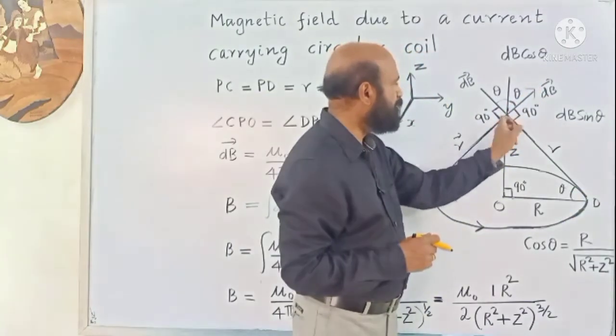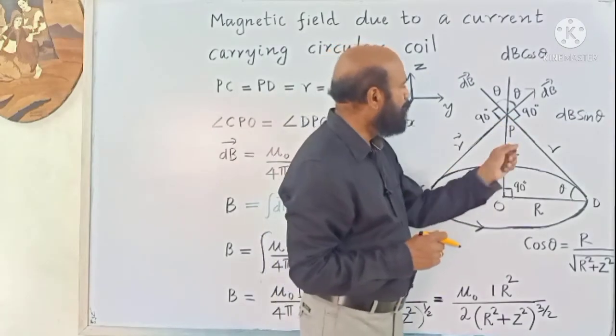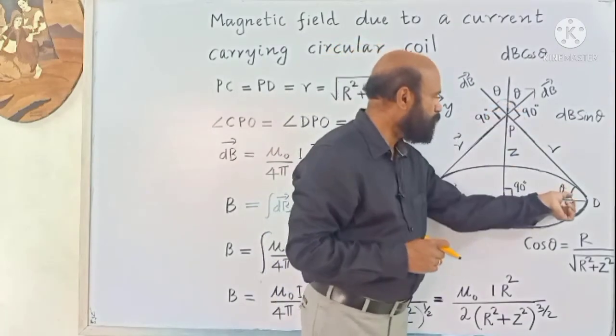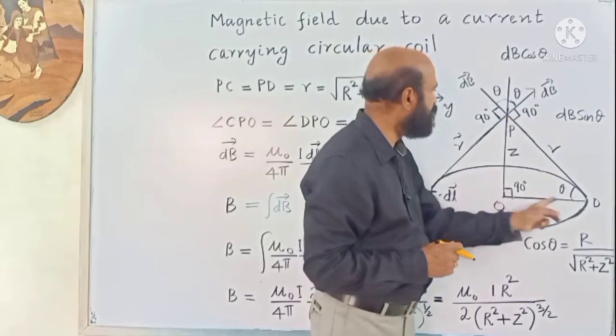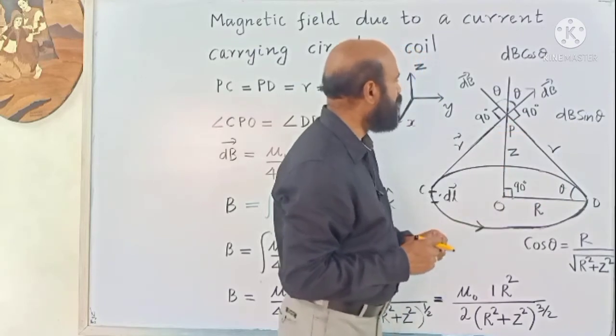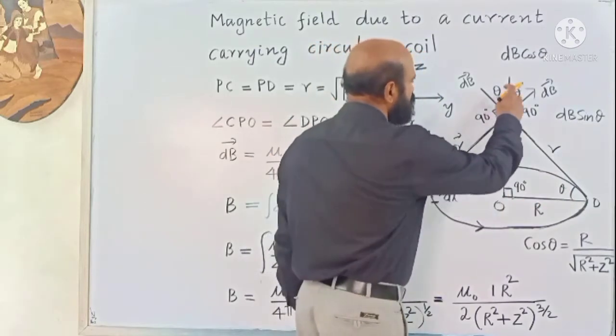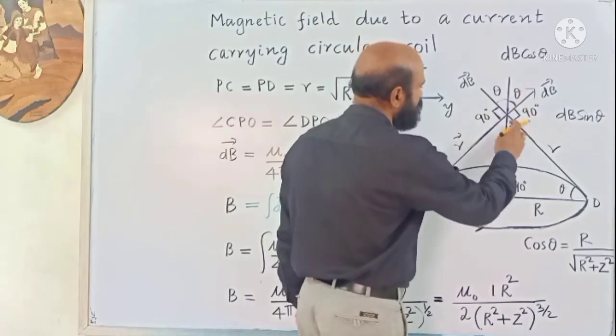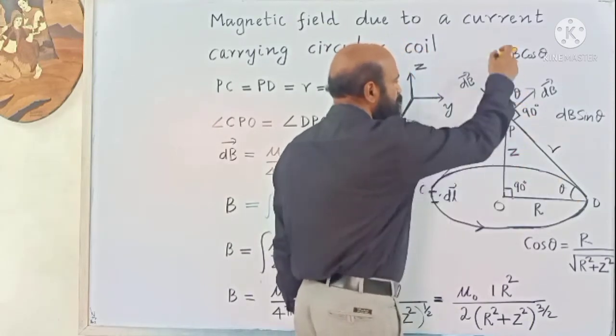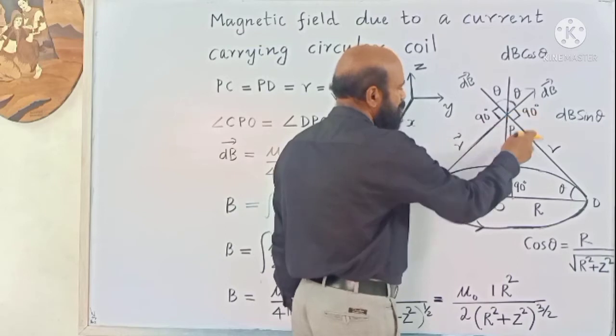When this is 90 degrees and this is theta, this also will be theta, because the exterior angle is equal to the sum of the interior opposite angles in this triangle.